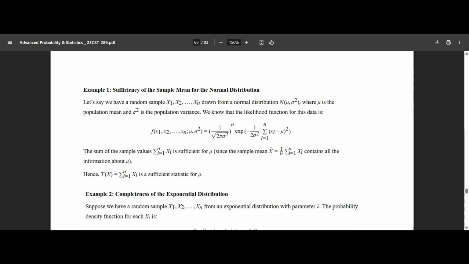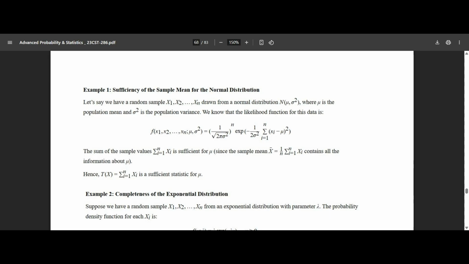Sufficiency of the sample mean for normal distribution. So first we write down the likelihood function for this data, that is f equals to this. So the sum of the sample values is sufficient for mu, since the sample mean is equal to this, contains all information about mu. Hence T(X) is a sufficient statistic for mu.